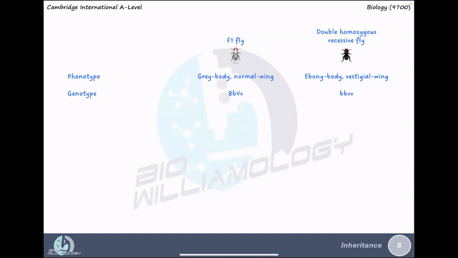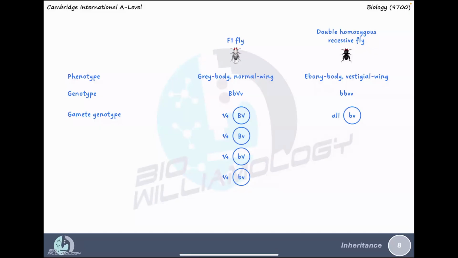Because we know that all F1 are heterozygous, and the ebony body vestigial wing fly is homozygous recessive for both gene loci. Due to independent assortment, the gray body, normal wing F1 fly will be able to produce 4 different gamete genotypes. However, the double homozygous recessive fly can only produce recessive B, recessive V gamete genotypes.